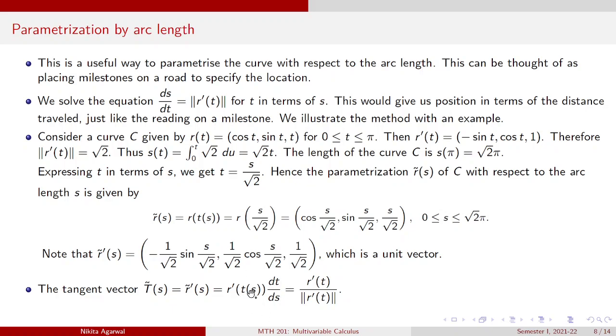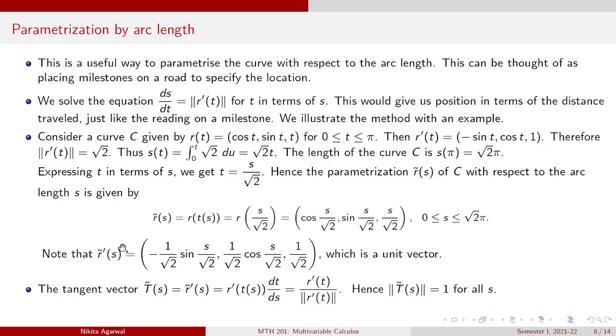Now what is r prime of t(s)? You can think of it as r prime t. And dt by ds is the reciprocal of ds by dt. But ds by dt is nothing but the norm of r prime t, right? By the arc length function definition.